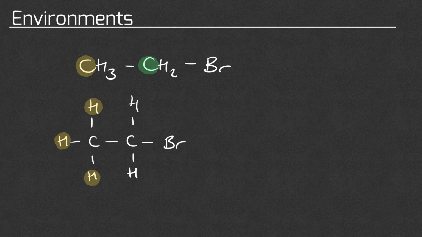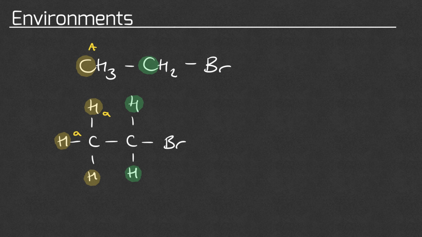Any hydrogens on an atom are considered in the same environment. So for example, each of these hydrogens are in the same environment, and they're obviously different from these 2 hydrogens here. These are 3 hydrogens on a carbon, these are 2 hydrogens on a carbon with a Br and a CH3. So these 2 hydrogens here would be in a separate environment, as they're different from the yellow ones.